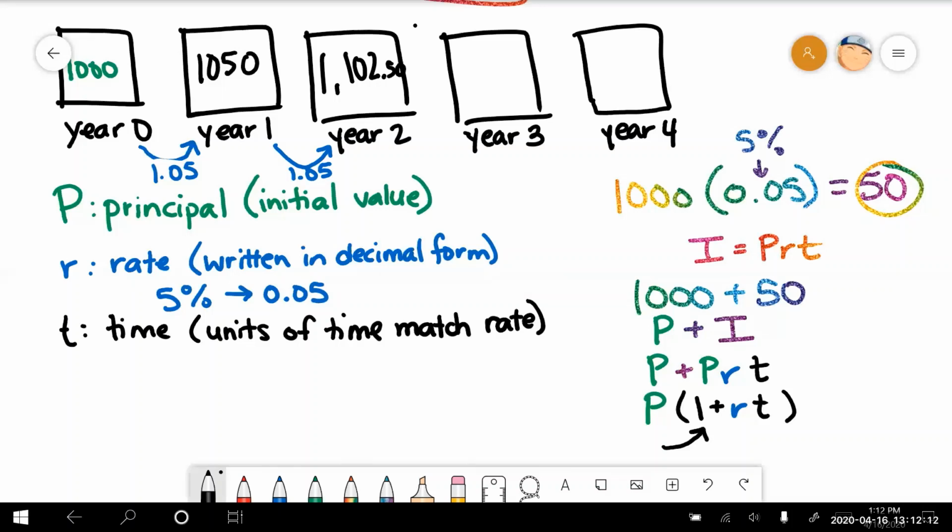So let's say I wanted to know, your $1,000 that you deposited today, how much money would it make you by the time you're in your 60s? It might be a pain to make a chart like this all the way to year 60. So if we can come up with some sort of pattern, which we did in the last video, that would be incredibly helpful. So let's look at that together.